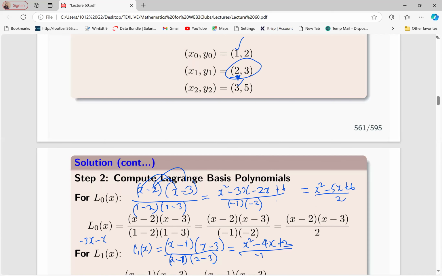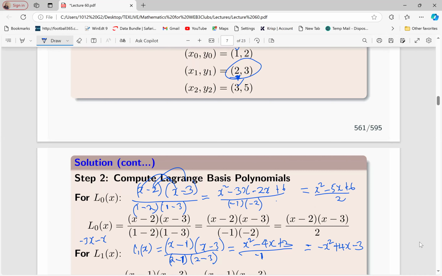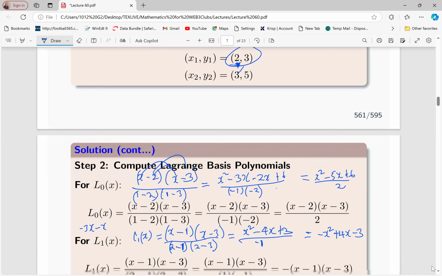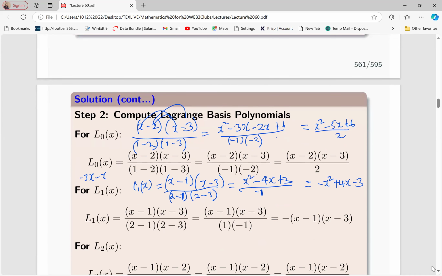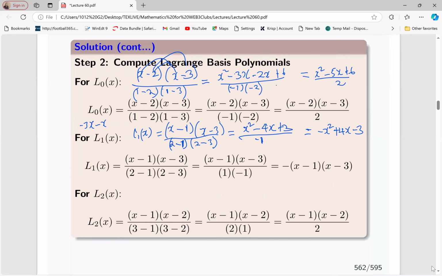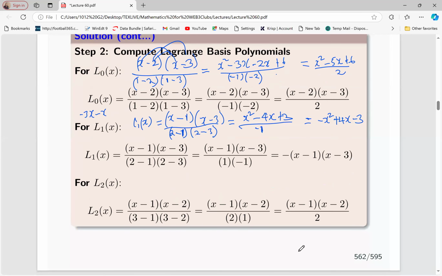So 1 and negative 1, that product is negative 1. So when you take it to the numerator, you get negative x squared plus 4x minus 3. And again, we've simplified already, so we'll just carry the result to the bottom. Although initially I had done it without simplifying because I was going to simplify later, there's no problem. You can simplify it early.